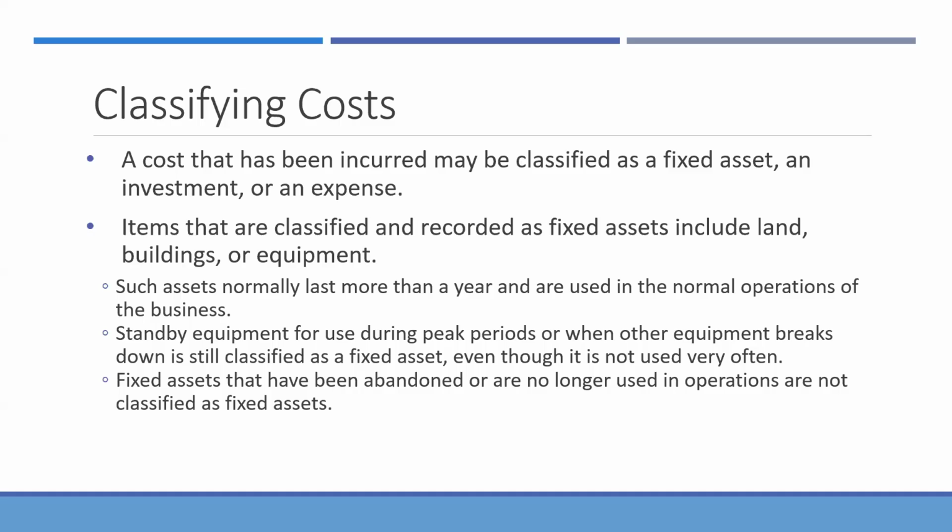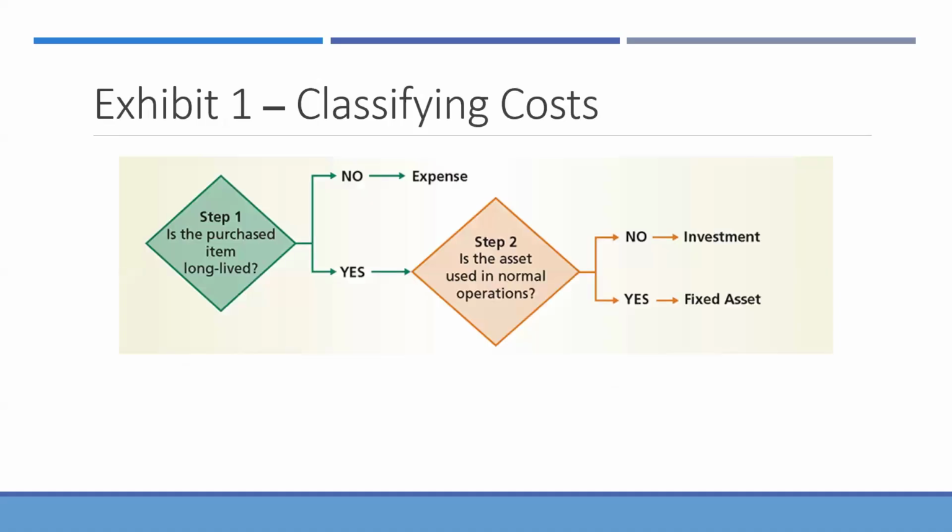And then if they're purchasing rent or supplies or something else that's going to be used up immediately, and then as that's used, that's expensed. And fixed assets over the life of the business do get used up. And then we have to do what's called depreciation on those, which we'll get into later.